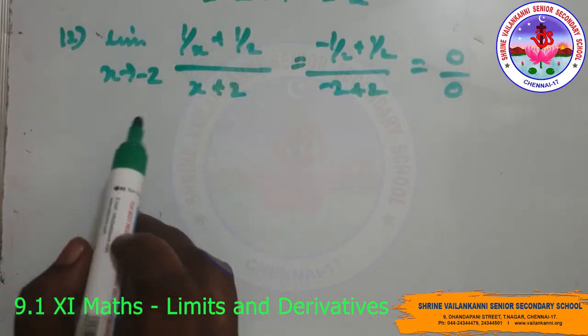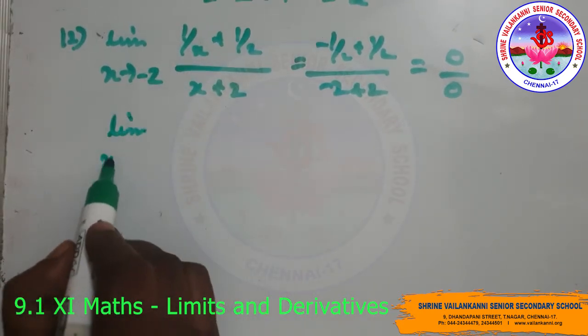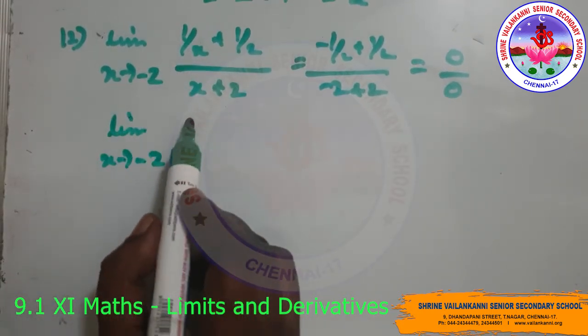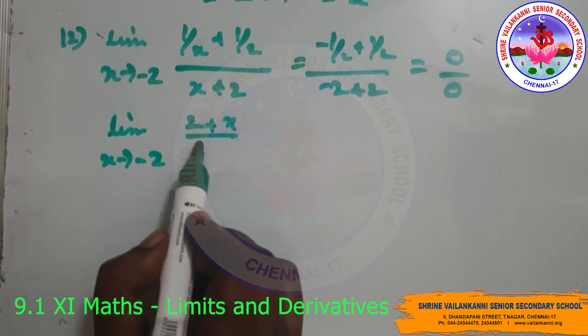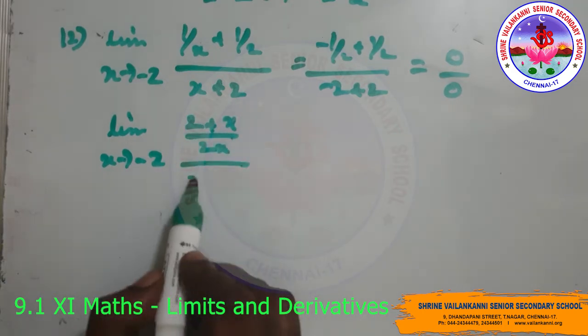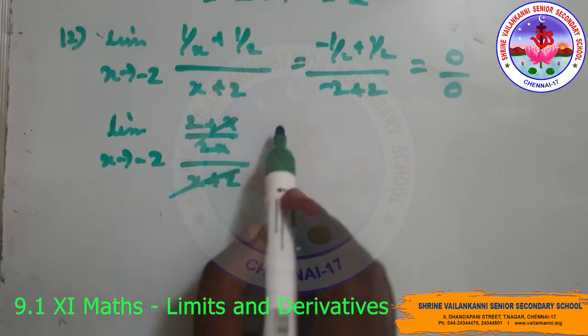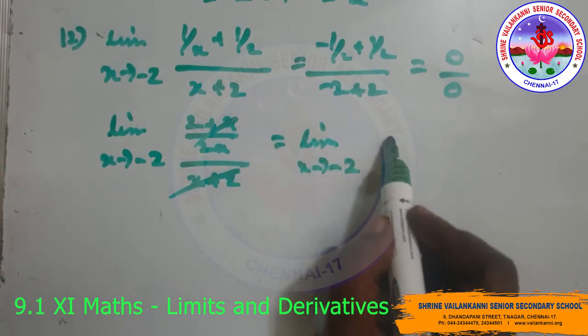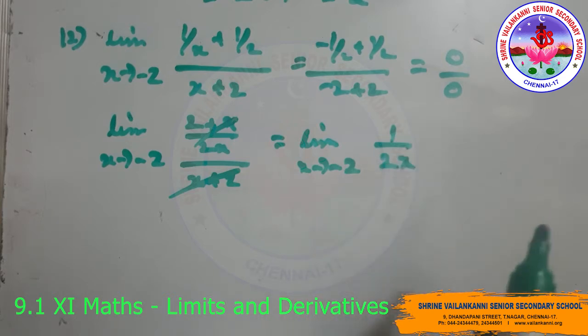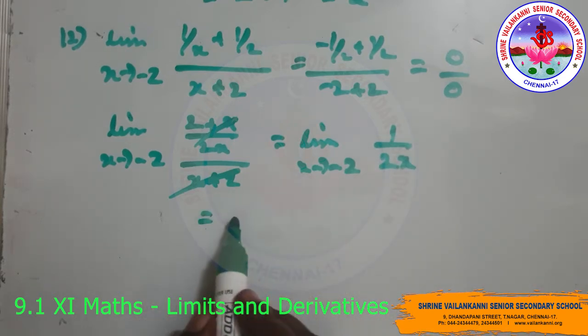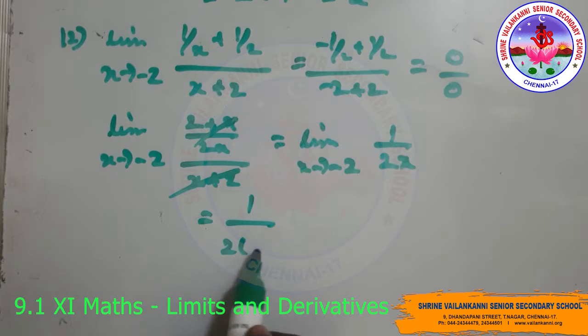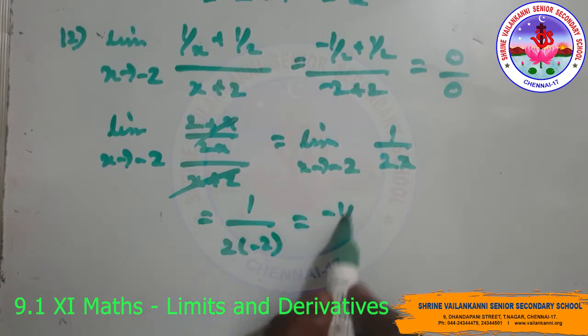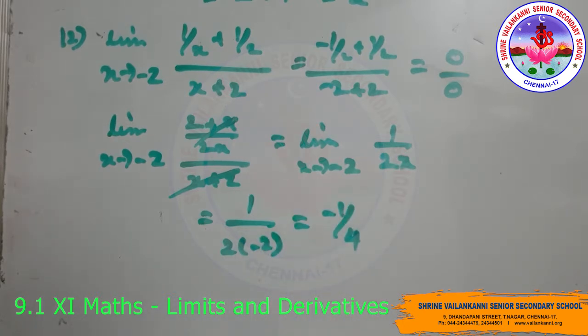So we can change this as limit x tends to −2, (2 + x) by 2x by (x + 2). So cancelling this, we get limit x tends to −2, 1 by 2x. Put x equal to −2, we get 1 by 2 into −2, which is equal to −1 by 4.